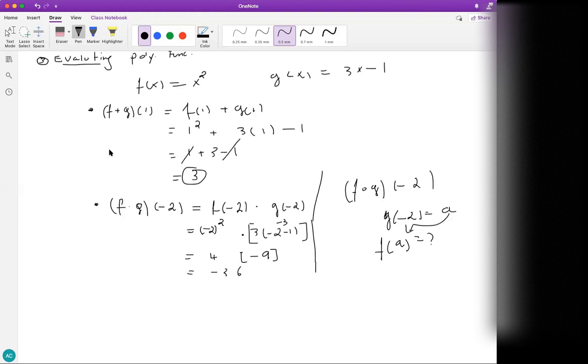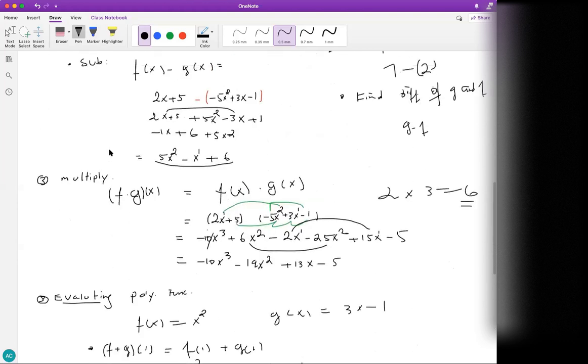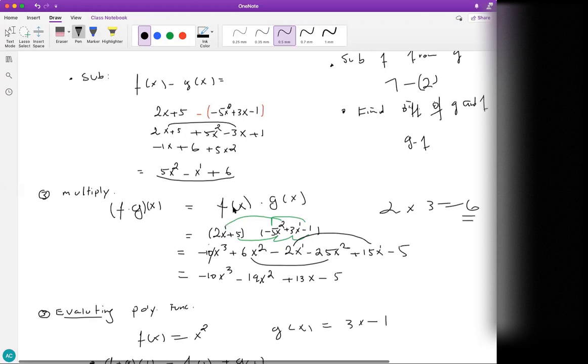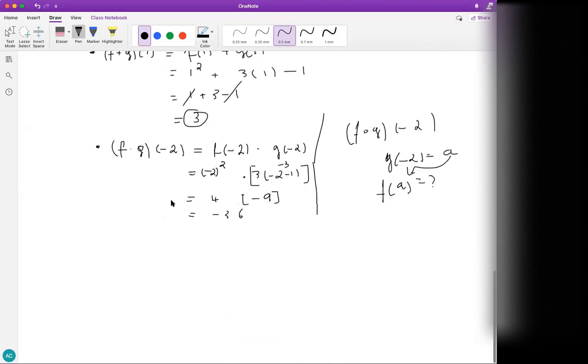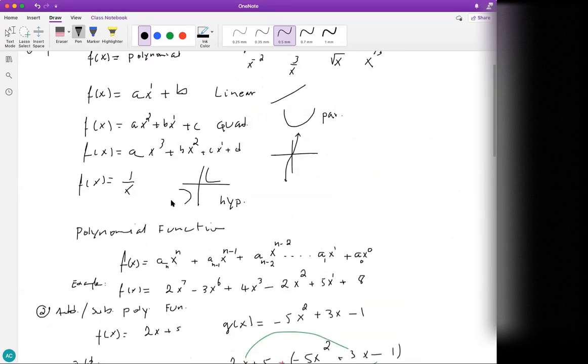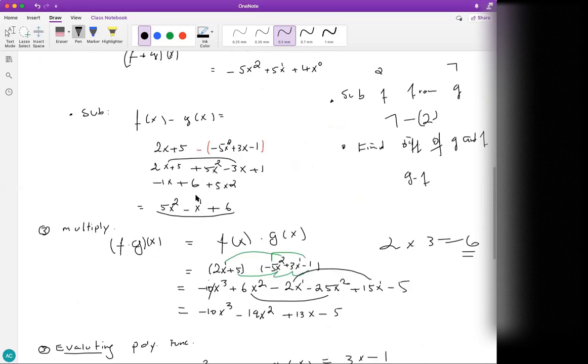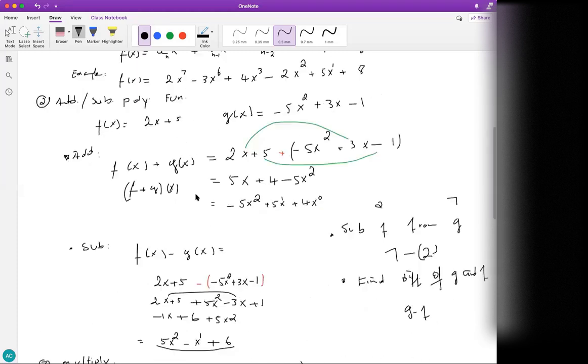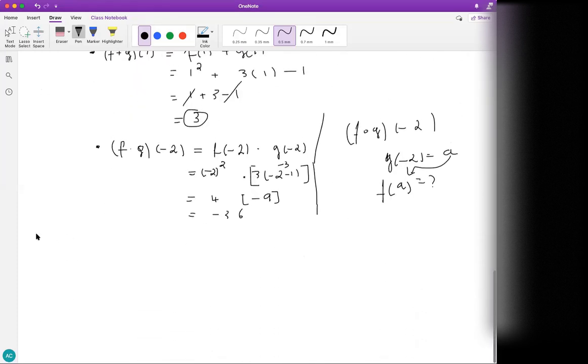Okay, so that's evaluating functions. Very simple, just adding and subtracting, basically polynomials. The other thing that I wanted to talk about today is domain and range of functions, various functions. This was part of maybe the previous unit 3.5, 3.6.